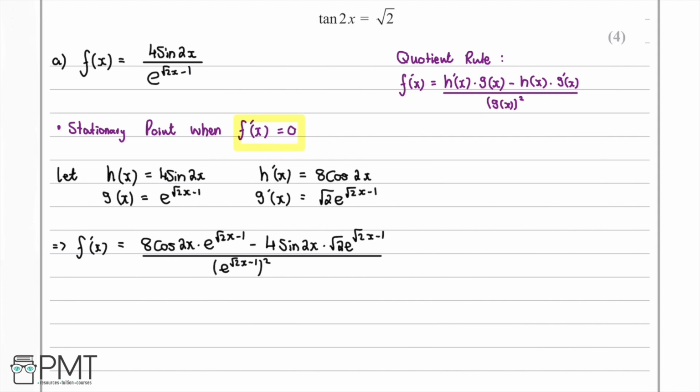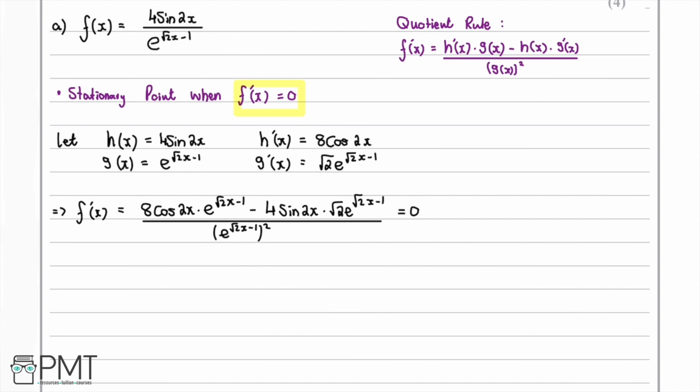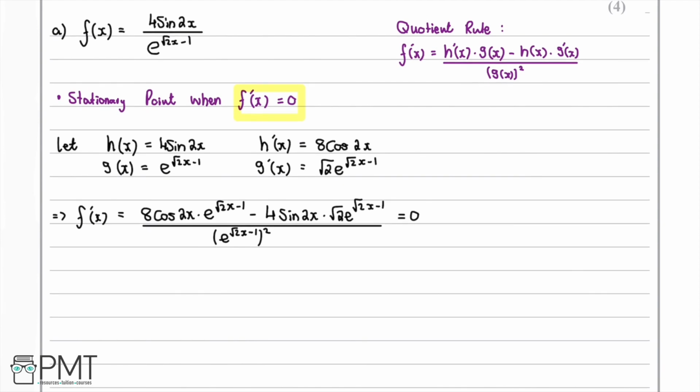Our next step: to find the stationary point, we'll set f dash x equal to 0. If we multiply both sides by the denominator, we can clear the denominator because we're multiplying 0 on this side.